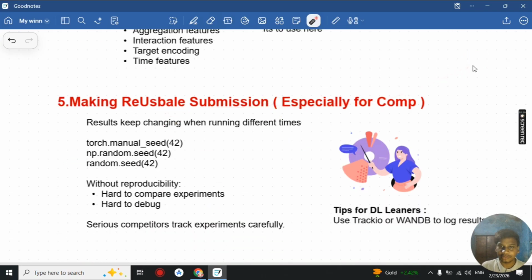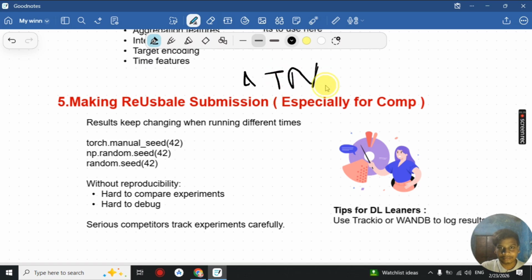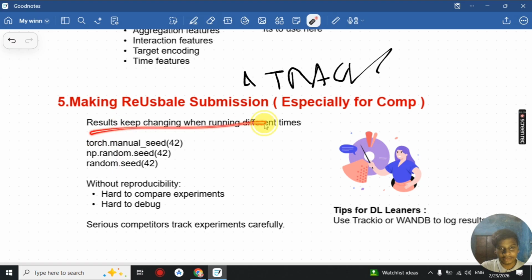And the final thing is to make reusable submissions and track your submissions here, okay. Tracking is a must because results keep changing when running different times, okay.